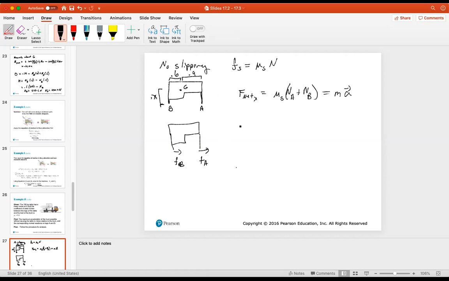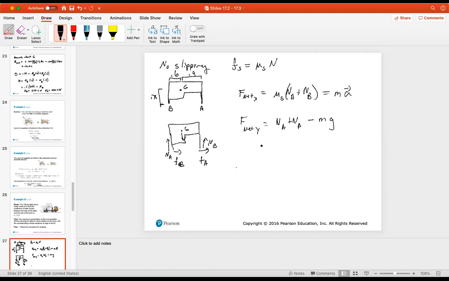Now, what other forces do we have at play here? Well, we have normal forces at A, the normal force at B, and then there's a weight acting straight down. So I add up forces in the y direction. I'm going to have normal force at A plus normal force at B minus the weight.